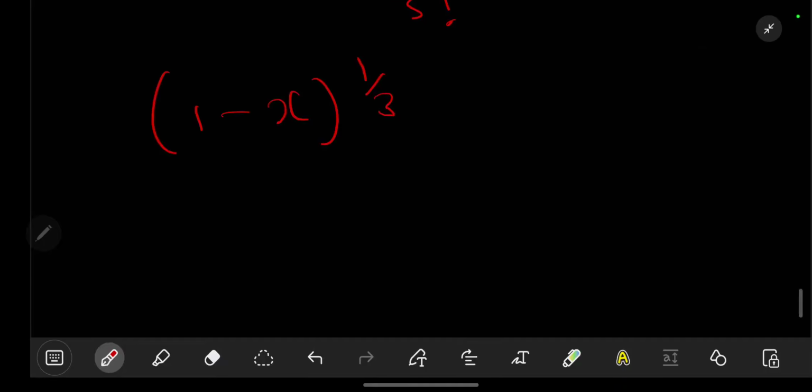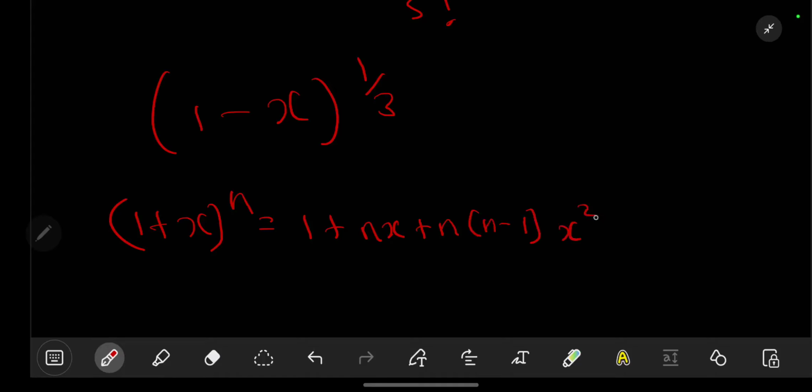So to expand this, we are going to say, knowing that, use this: 1 plus x to the power of n should be equal to 1 plus nx plus n open brackets n minus 1, then x squared over 2 factorial.